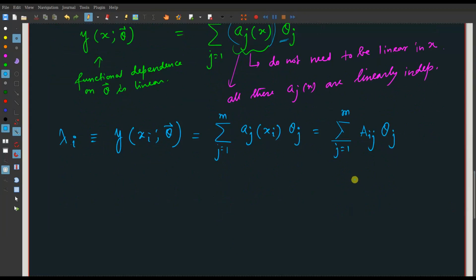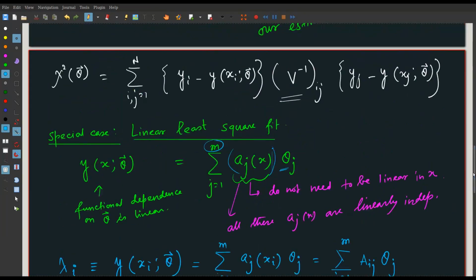Actually, on second thought, I would like to change the name of the index j here. In my notes I did it this way, but I think it's a better idea to reserve a letter.